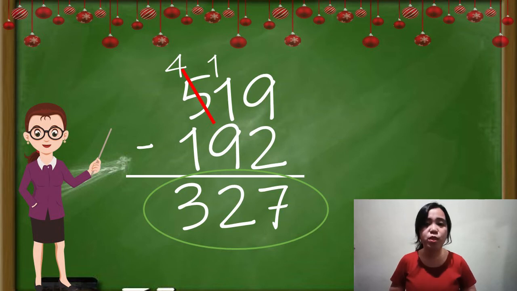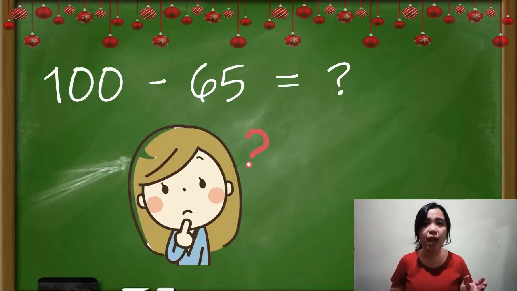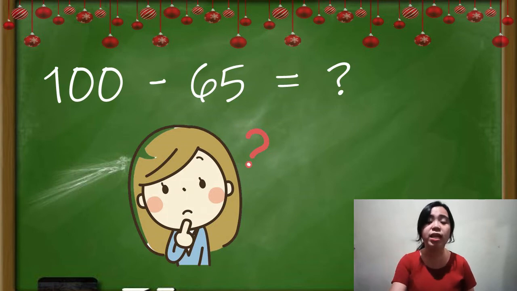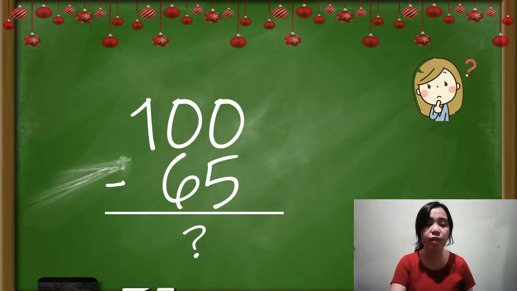So the given is 100 pesos minus 65 pesos, which is the cost of the soy sauce, is equal to blank. So first, let's rearrange or regroup the problem.